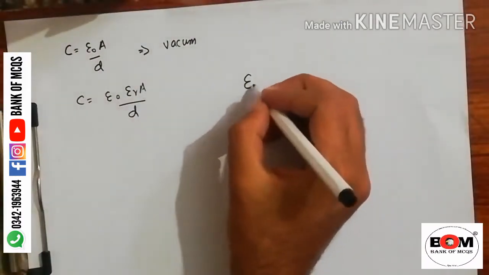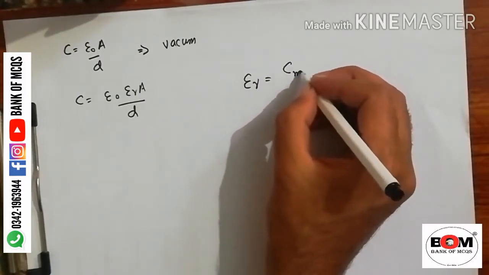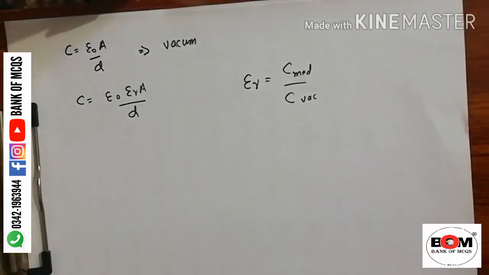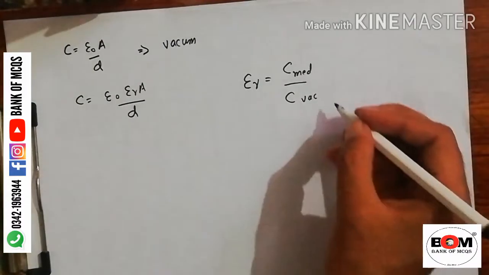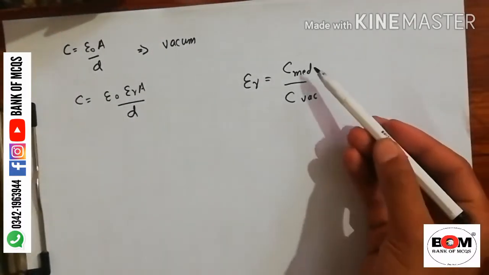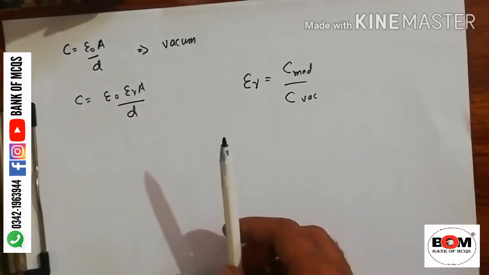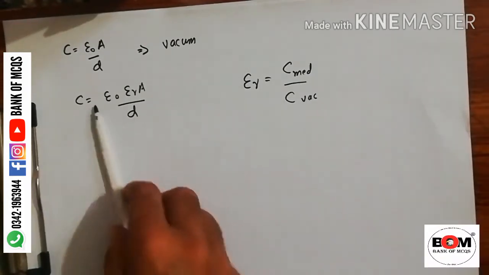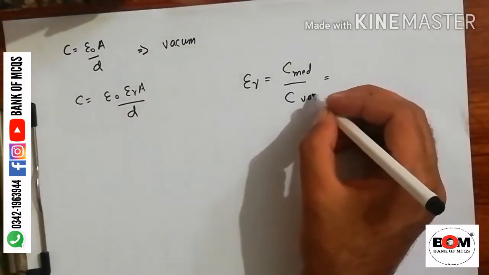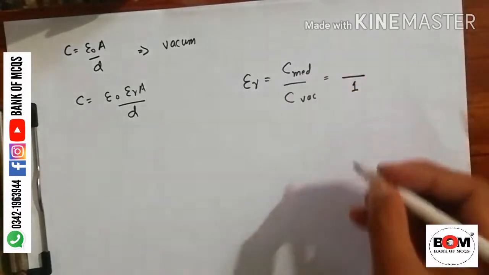What is ER? ER is the relative permittivity. This is the ratio of the capacitance with the medium divided by the capacitance in vacuum. The capacitance of vacuum is less, while the capacitance of a medium is always more, because C is directly proportional to E naught A by D. So if there is some substance, the capacitance will increase by the factor ER. For example, putting C vacuum equal to 1, then C medium will always be greater than 1.